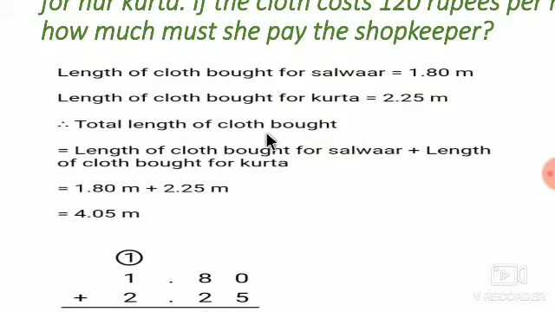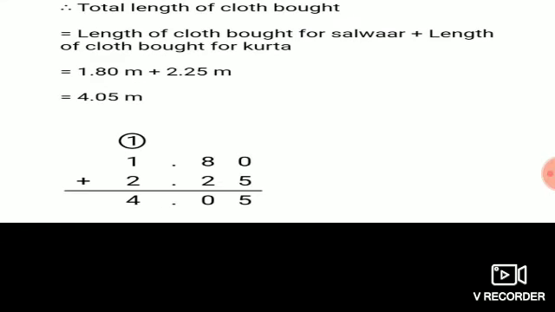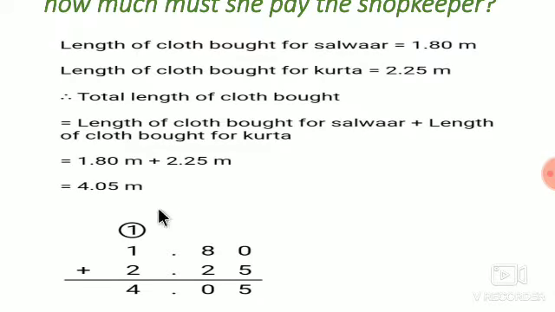So total length of cloth bought is the length of cloth for salwar plus cloth for kurta. Means these two numbers addition we have to do. 1.80 plus 2.25 meters. So here in vertical arrangement you can do the addition. The answer is 4.05 meters.